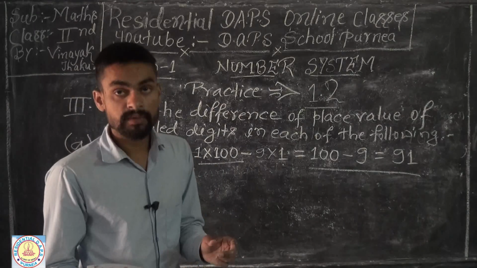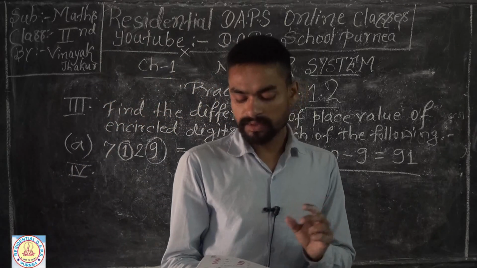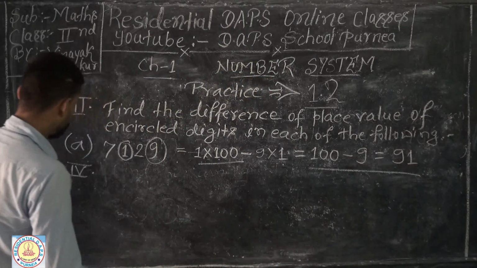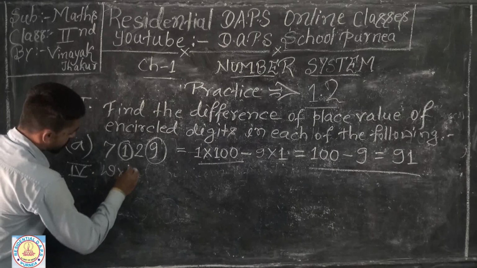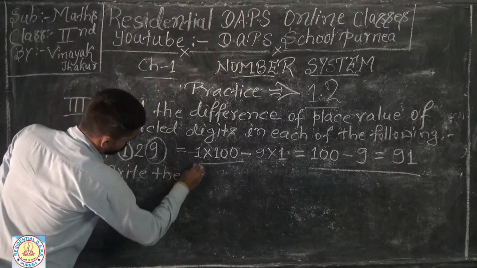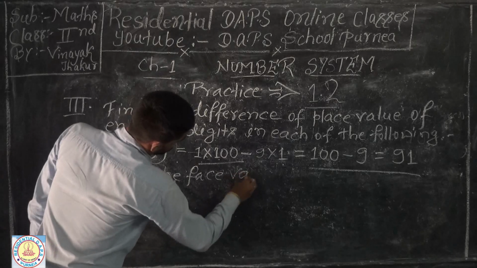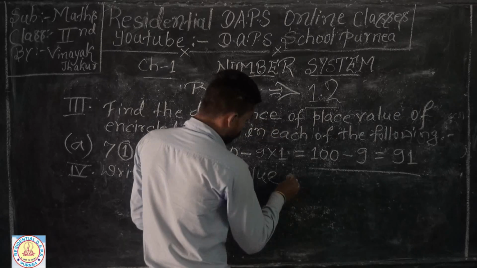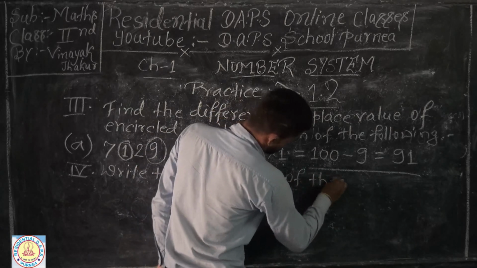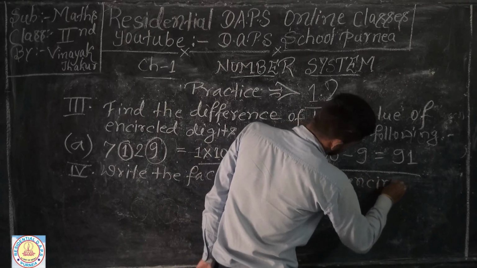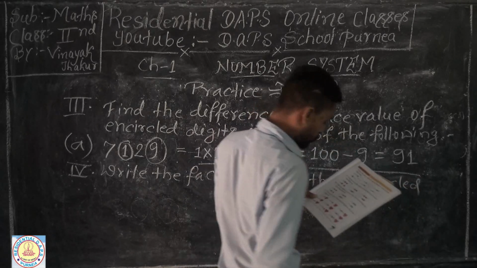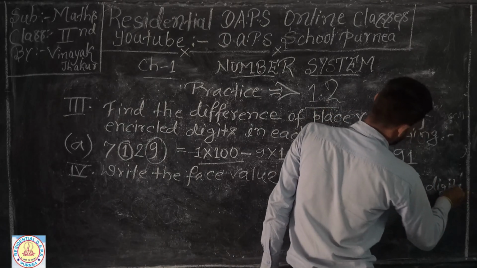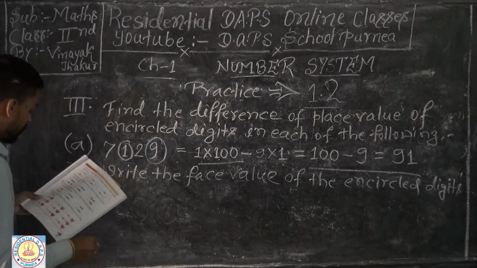In your question number 4, write the face value of the encircled digits in each of the following.